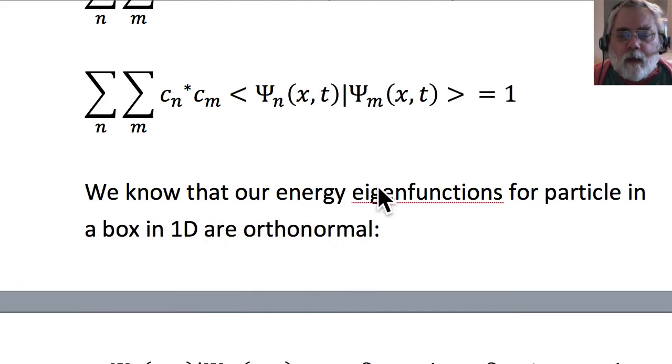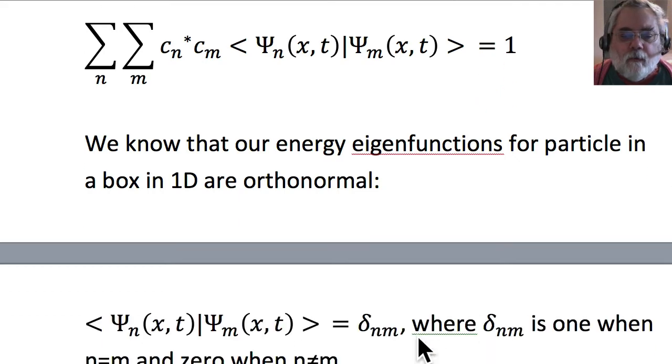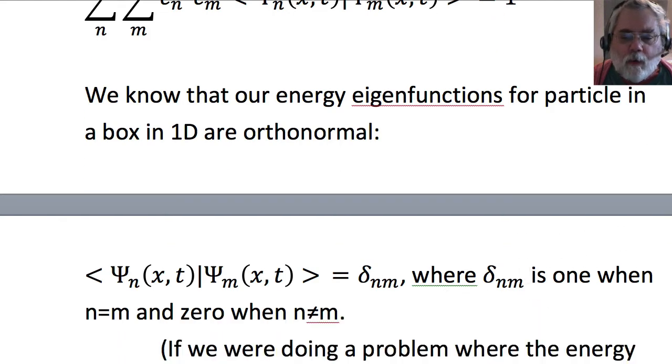Now, we know that our energy eigenfunctions for particle in a box in one dimension are orthonormal, so we know something about this inner product. The inner product of psi sub n with psi sub m is the Kronecker delta, delta of n m, which is 1 when n equals m and 0 when n is not equal to m.